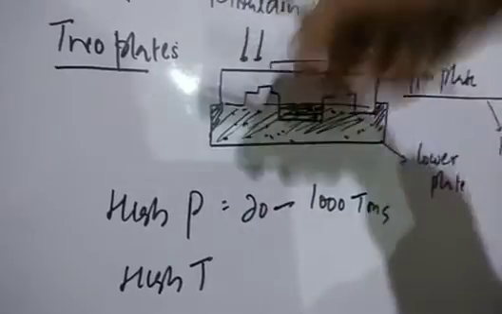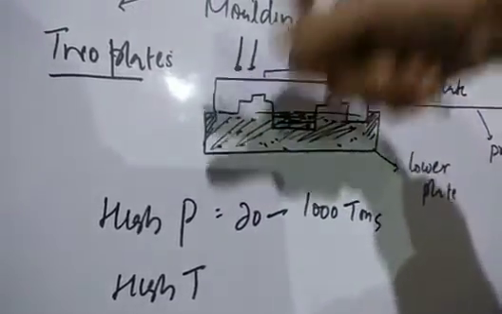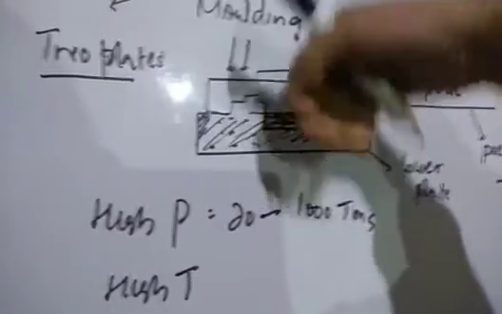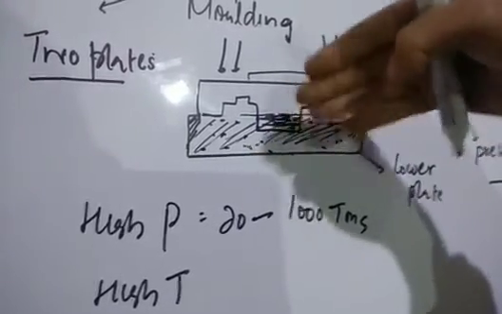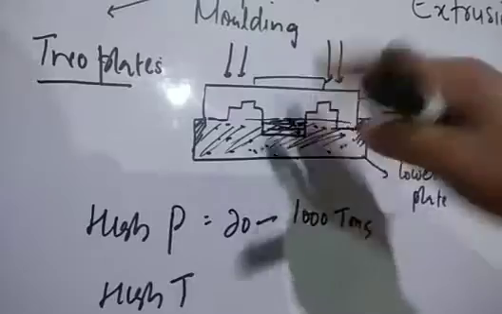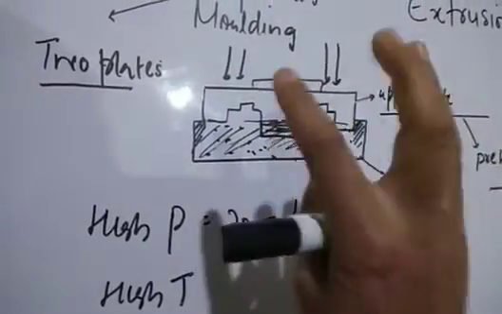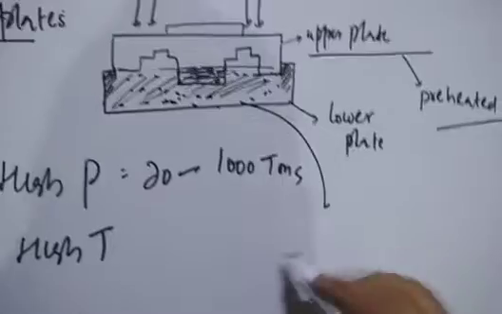So the material gets molded when the two plates fit together, in this cavity that we have below. So in this high temperature, high pressure process, the polymeric material gets compressed ultimately.